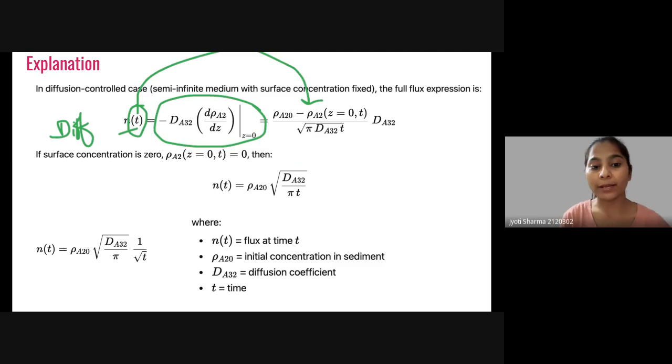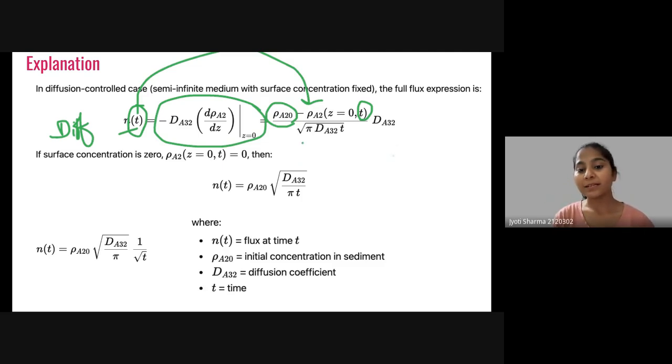Here we have ρ_A2 naught. Initially, this is the maximum concentration that we have, minus ρ_A2 at z equal to 0 at some time t. At some time t, your ρ_A2 will decrease, and this is the difference.